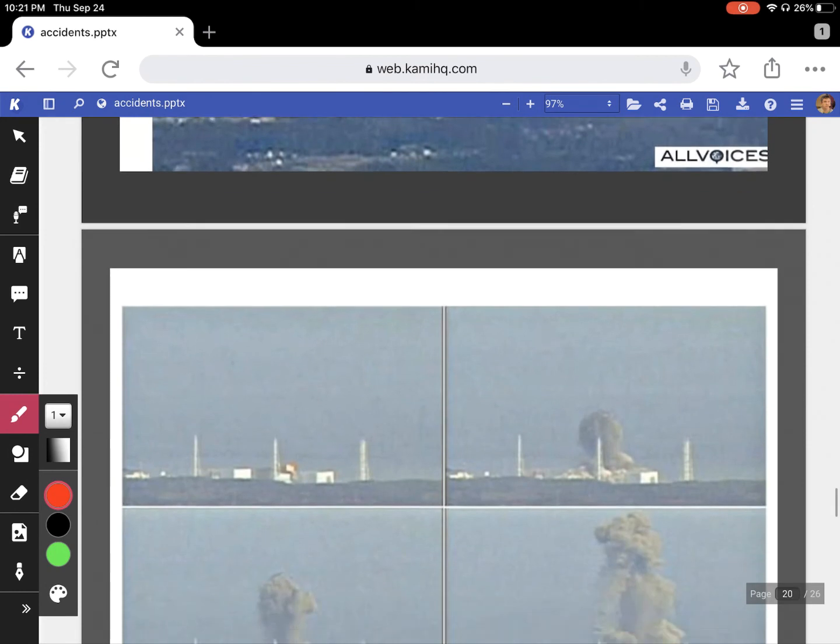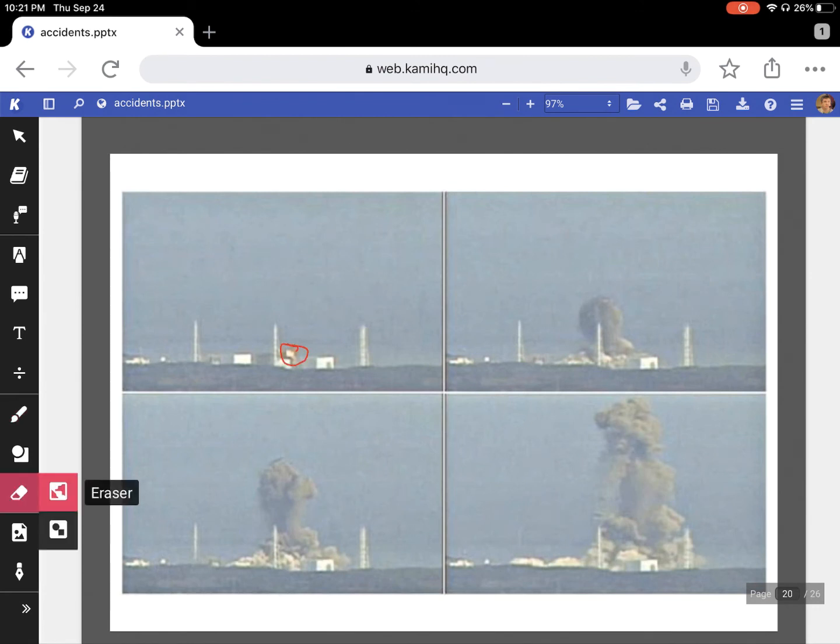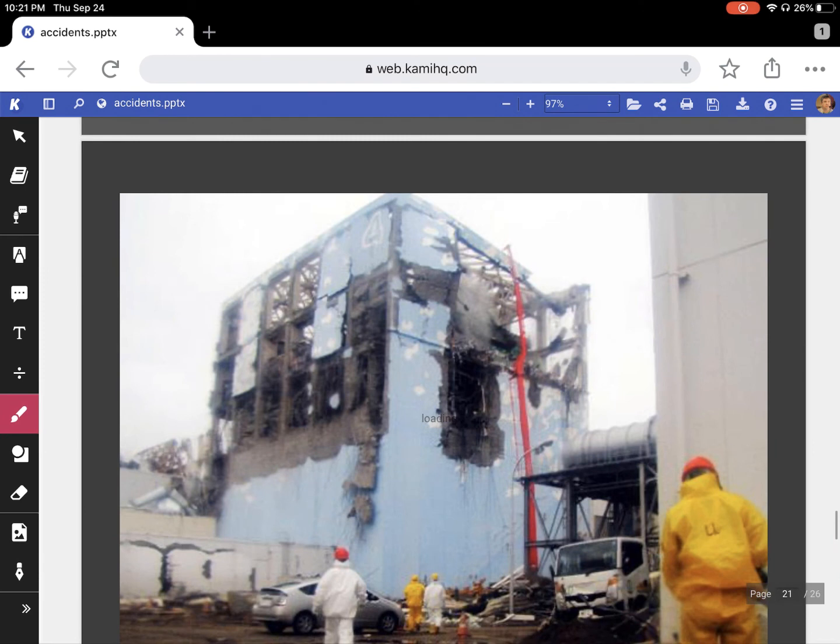So there you see one. Here you see a kind of a 4-frame shot from a video showing the hydrogen igniting that was being produced under pressure from the reactor, and that blows the top off of the reactor. You can see here the results after the reactor building exploded.